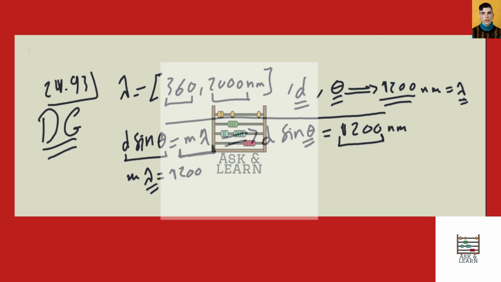So lambda is 1200 over m, and we're going to replace m with other values. For m equal to 1, we reproduce 1200, which is what we already have. So I'm going to continuously substitute other values of m to see if we can find other lambdas that are inside our range.